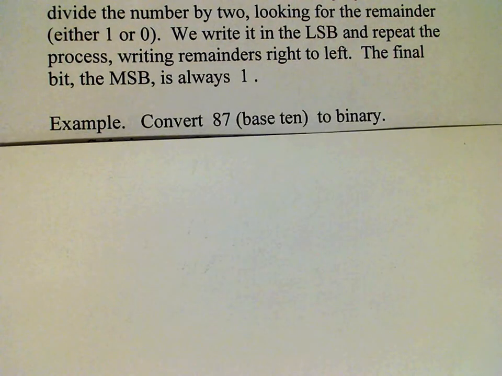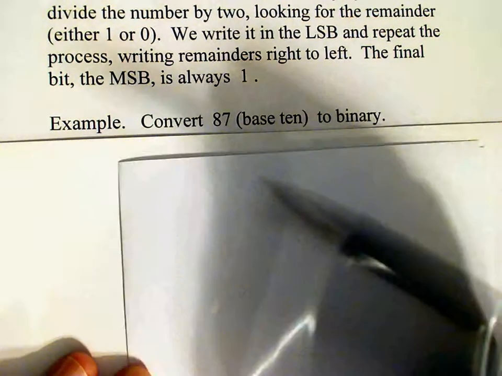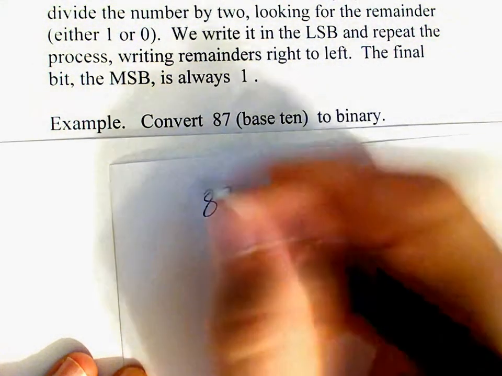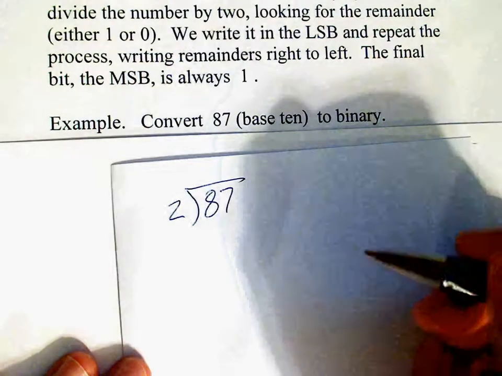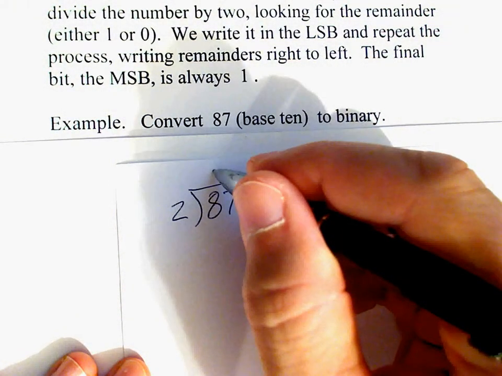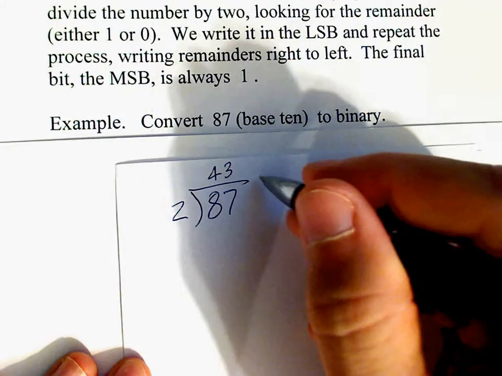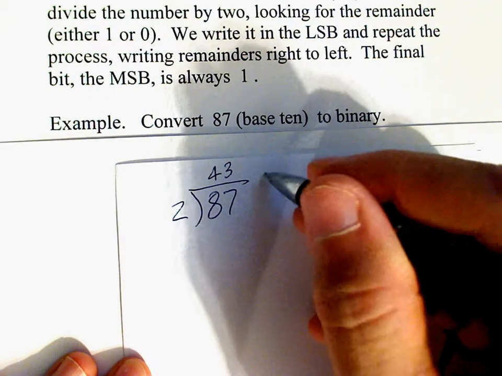Okay, so for example, we need to convert 87 in base 10 to binary. Okay, so 87, divide that by 2, and we get 43 with a remainder 1.